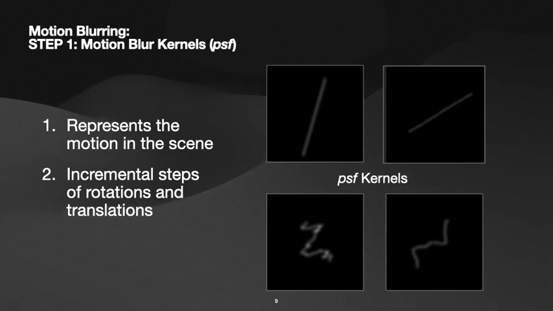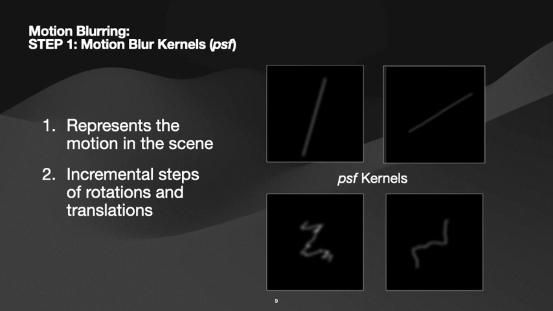In this case, I have used random step sizes and random rotations and random translations incrementally to create such PSF kernels, but these could be taken as input from the users to induce certain motion.